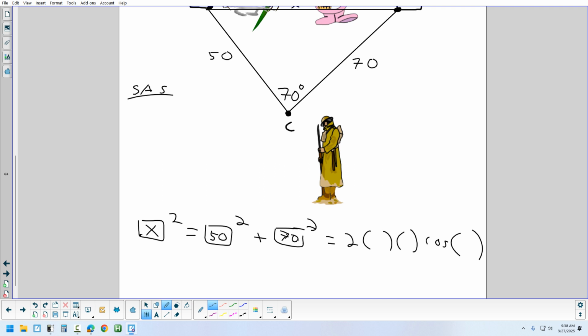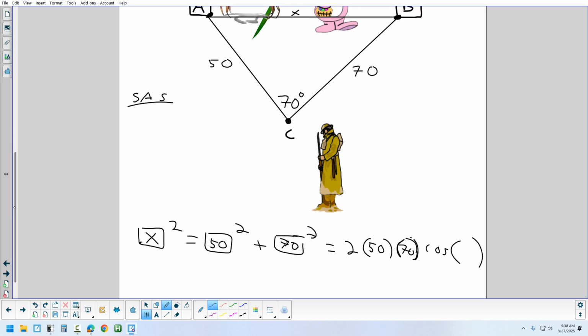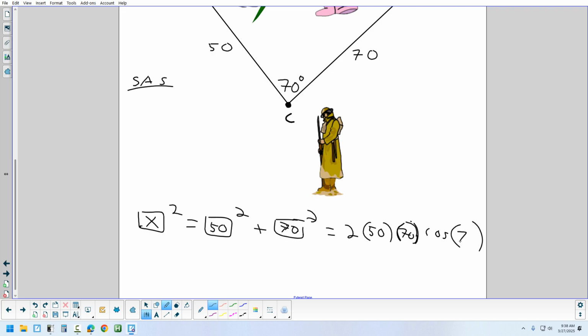So 50 squared, 70 squared, and then 2 times what? 50 times 70 times the cosine of what's the angle across from the side I started with? 70 degrees. Yep. So this 70 is the side on the right. This 70 is the angle at the bottom. I probably shouldn't use 70 and 70. Oh, well.